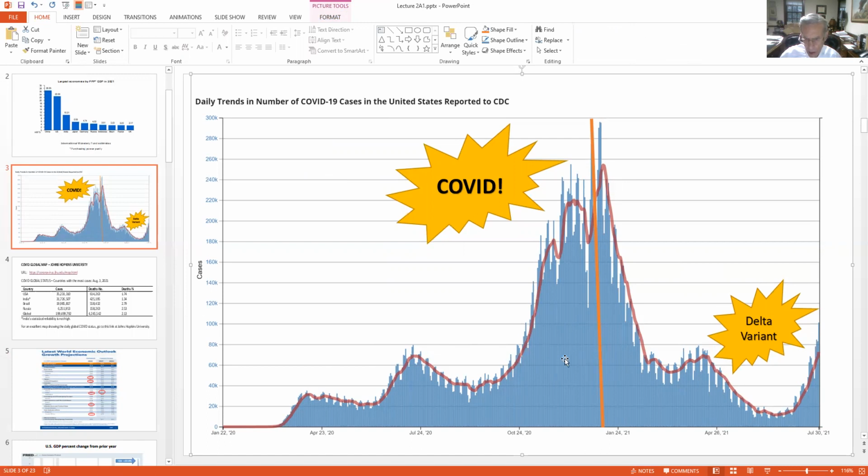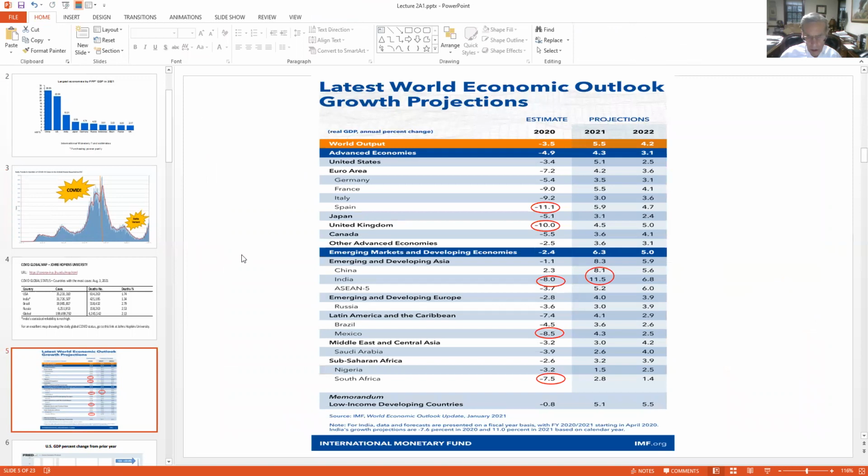And so when we come down here to this chart, we can appreciate the severity of economic impact that COVID has had among advanced countries.